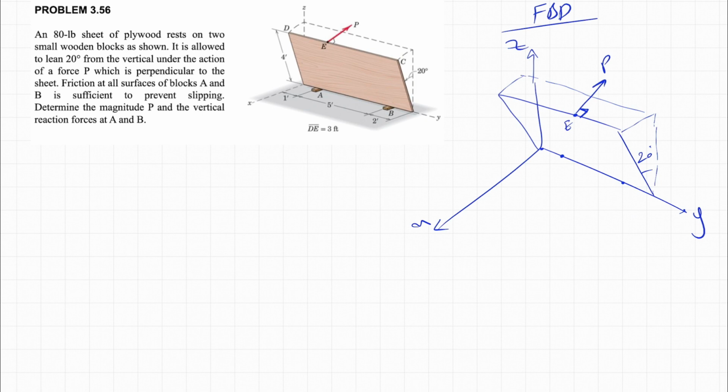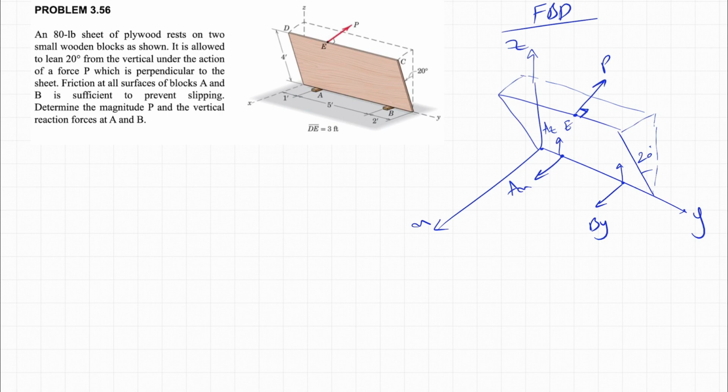We have the reaction at A. There's also point B. Since the friction is high enough to avoid slipping of this sheet, we have to consider all of the forces. So we'll have AX, same for here, we will have BY, which we know are coming from the friction.